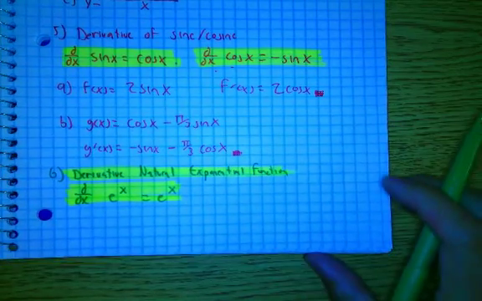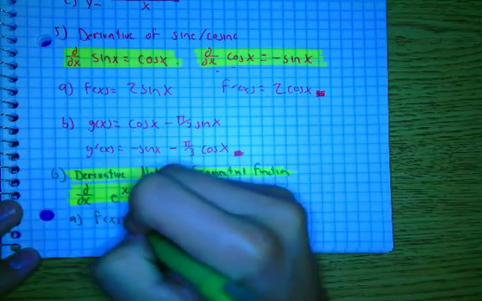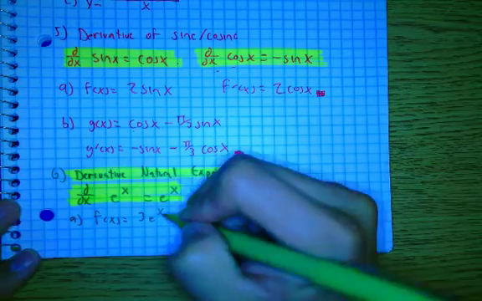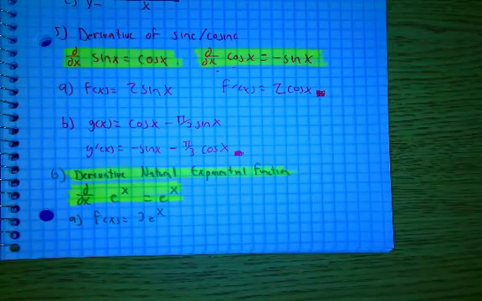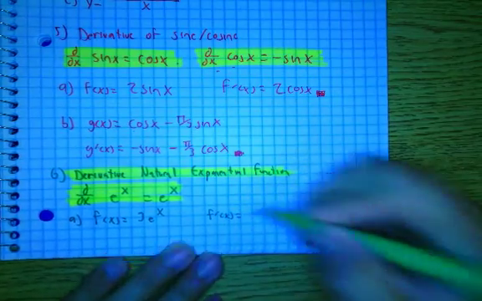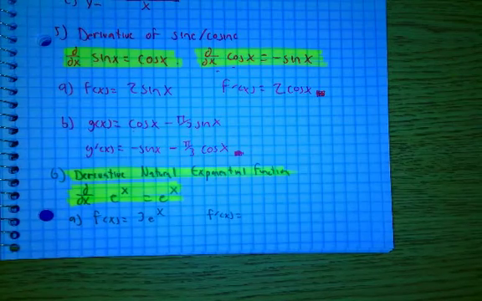So let's say you have f of x equals 3e to the power of x. Okay? What would the derivative be? So what would f prime of x be? 3e to the x. Remember that constant just drags along.